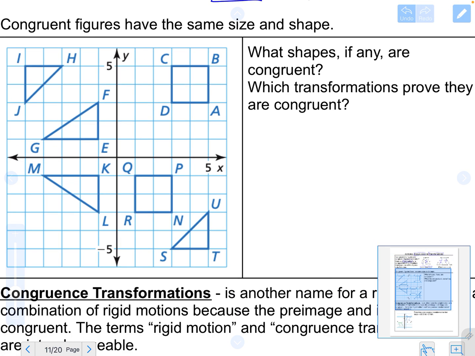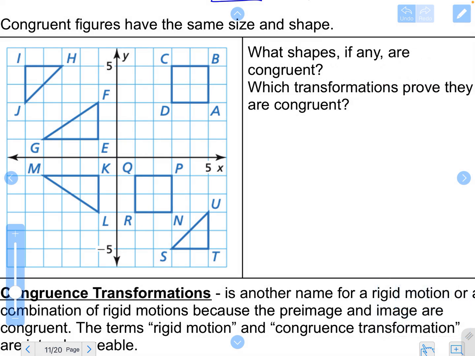So if we look at this example here, I'm looking for shapes that are congruent and which transformation I can use to prove they're congruent. I know that this shape is 2 by 2 and this one's 2 by 2, so I need to figure out which rule. I'm always going to try translations first because those are the easiest.